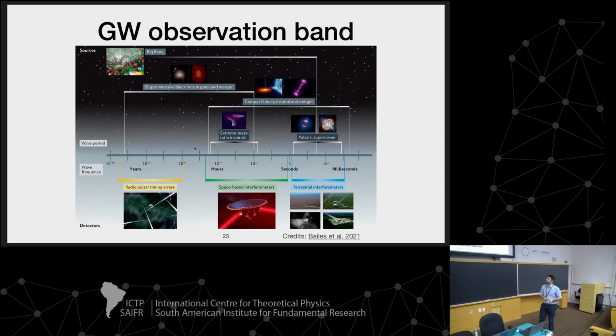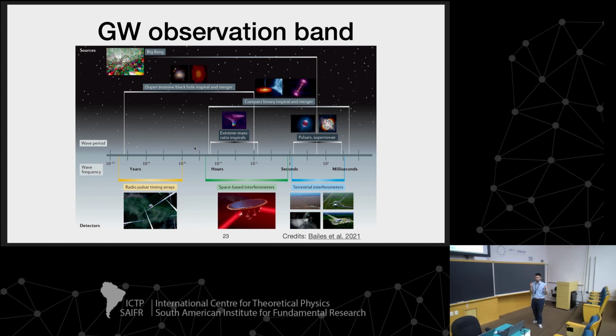Okay, so we can talk about the gravitational wave observation band when we look at different frequencies. What I'm plotting here on the x-axis is the frequency. On top you have astrophysical sources producing gravitational waves, and on the bottom panel you have detectors.